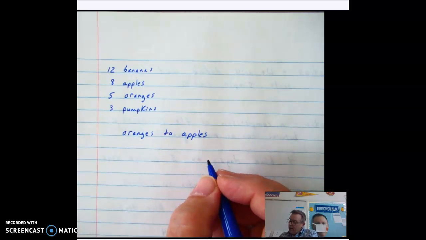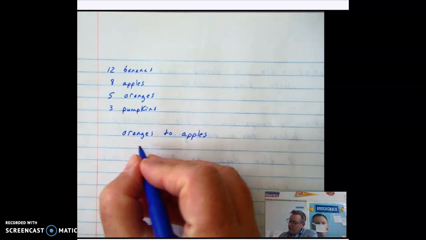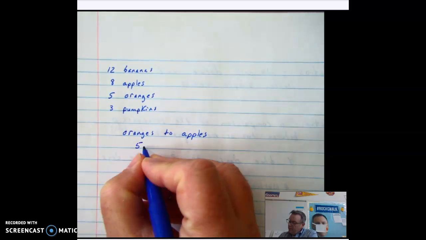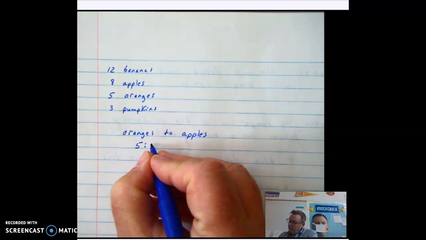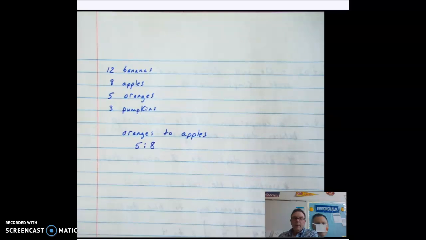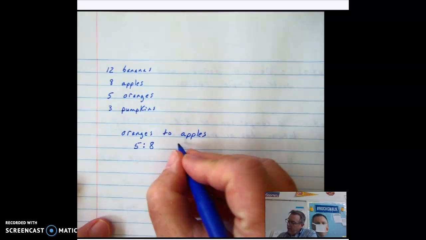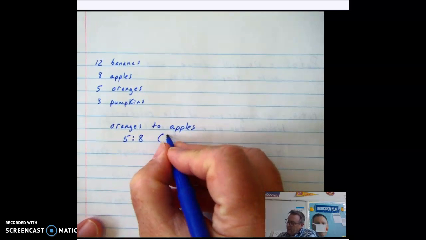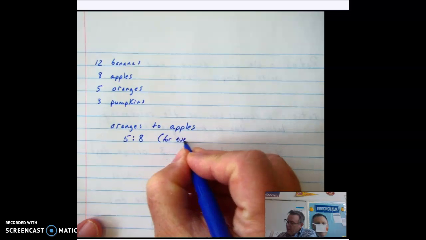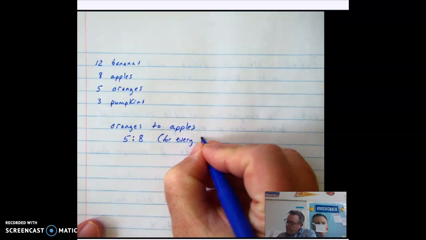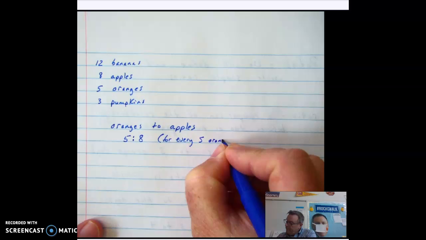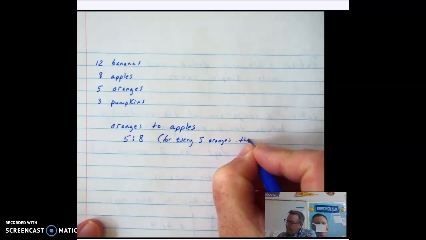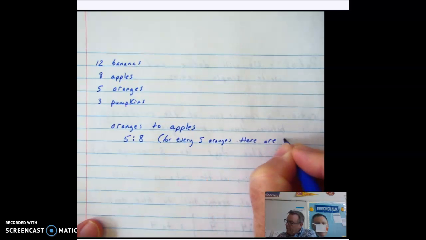My oranges to apples, oranges are 5 to my apples, which are 8. And can I simplify it? No. So the ratio stays 5 to 8. And what that means is for every 5 oranges, there are 8 apples.